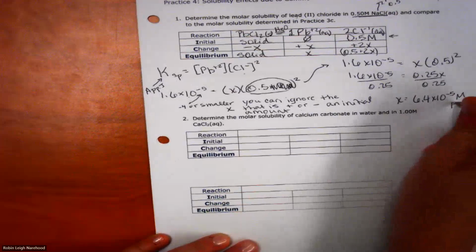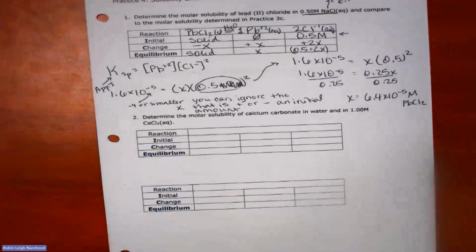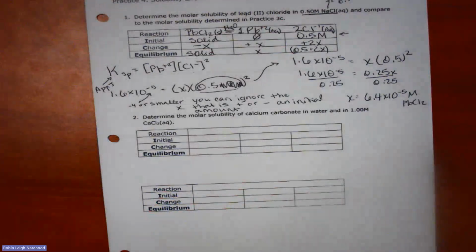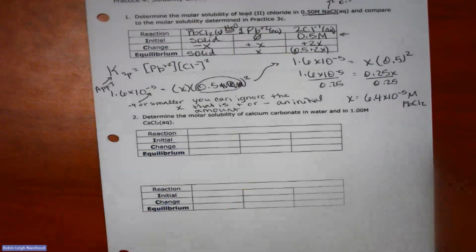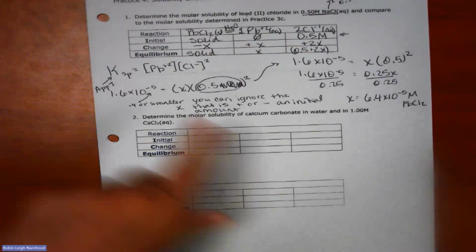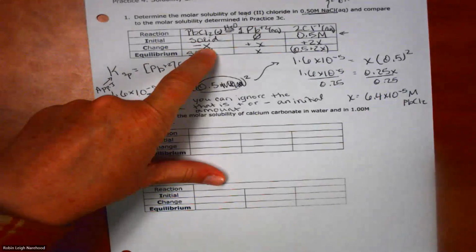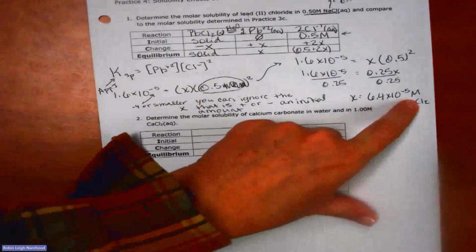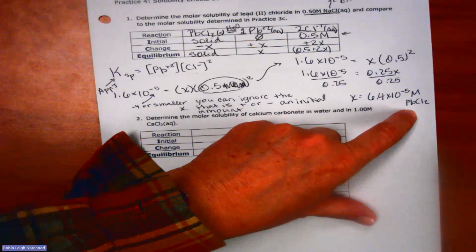So I got 6.4 times 10 to the negative 5. And that's my X. For solubility, X is the solubility because it is the amount of the solid that can dissolve. Once you get X, you just tack on molarity and then your formula.